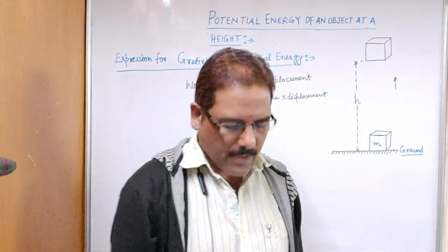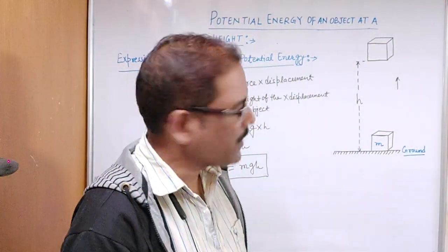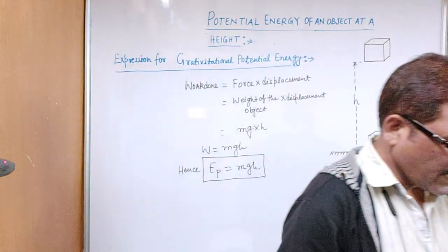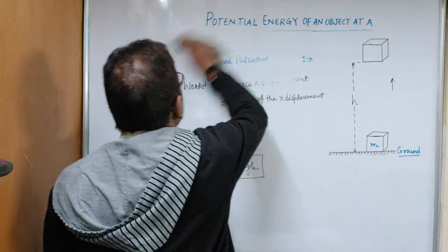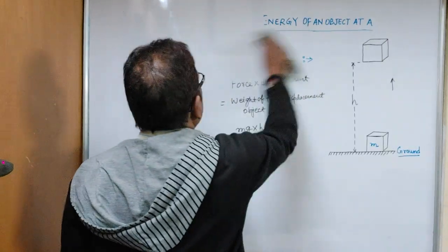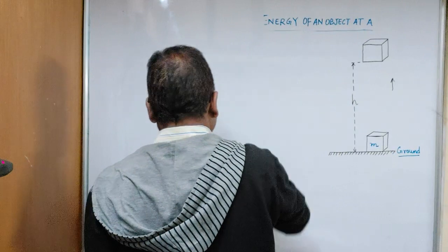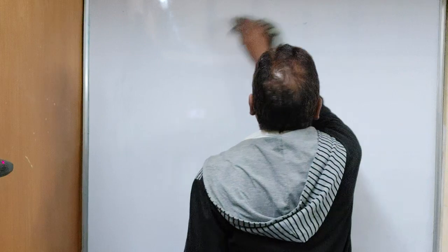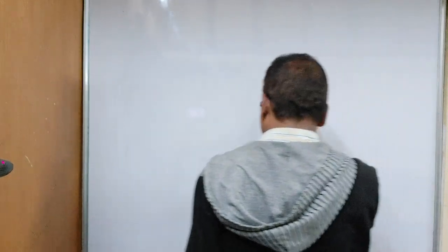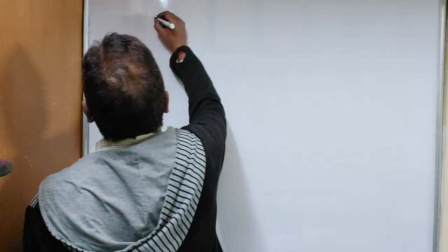Now children, we will discuss some of the numericals based on potential energy. So the first question is, a boy weighing 40 kg. I am writing this question. Question 1.